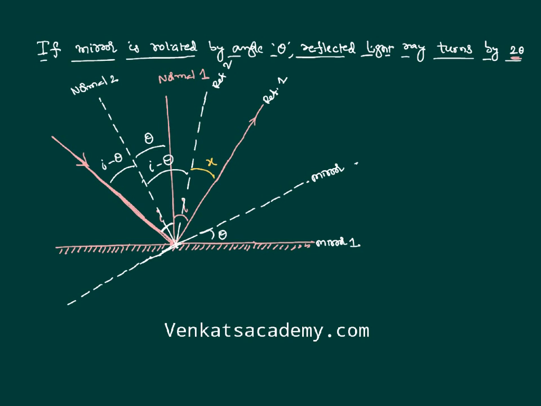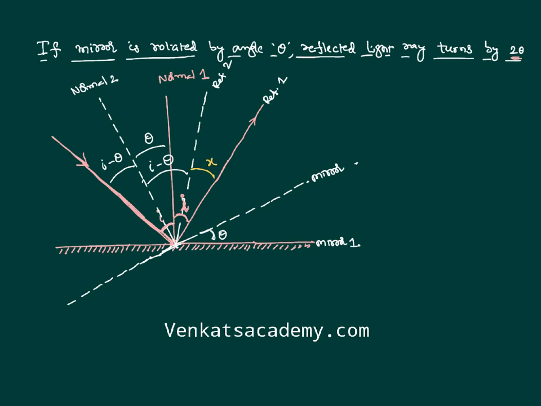So let me repeat what I am doing. There is an incident light ray. The angle of incidence is equal to I, like we have shown earlier. The angle of incidence equals the angle of reflection, equal to I, for the first reflected light ray. Now we have turned the mirror by an angle theta.